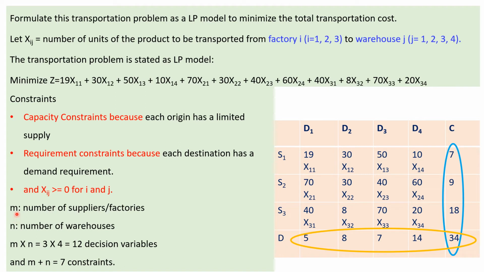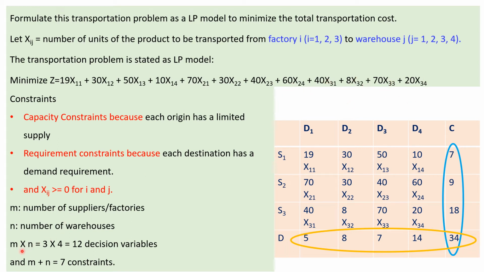And before that, let's assume that M represents the suppliers and N represents the warehouses. So M times N, that is 12 decision variables, X11, X12, and so on: 1, 2, 3, 4, 5, 6, 7, 8, 9, 10, 11, 12.